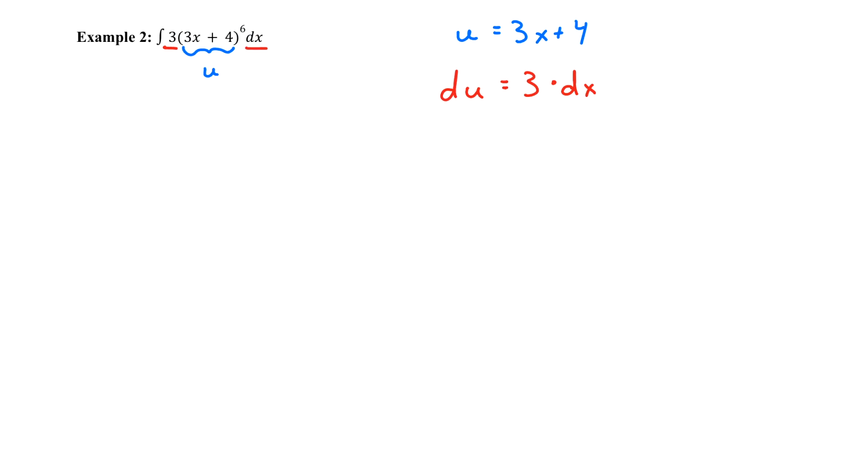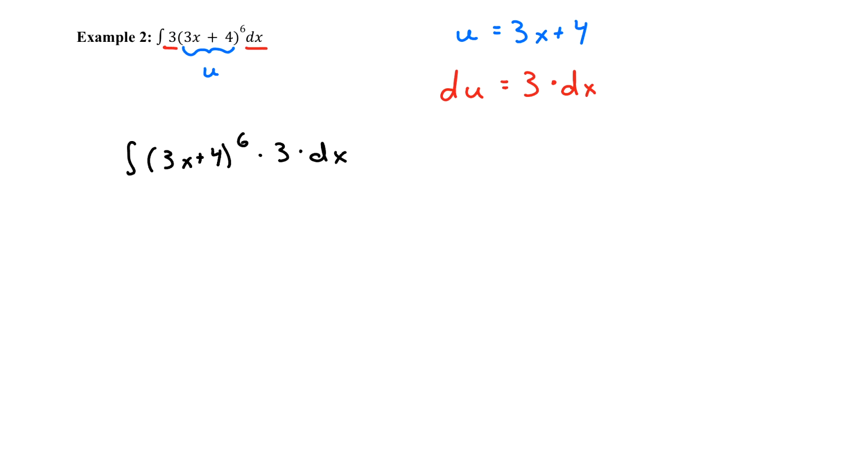It doesn't really make that big of a difference the order that we have these in, because we can multiply in any order that you like. So if it will make you feel a little bit more comfortable with the substitution, you may want to take a step just to rewrite this. I'm going to rewrite this as 3x plus 4 raised to the 6th power times 3 times dx.